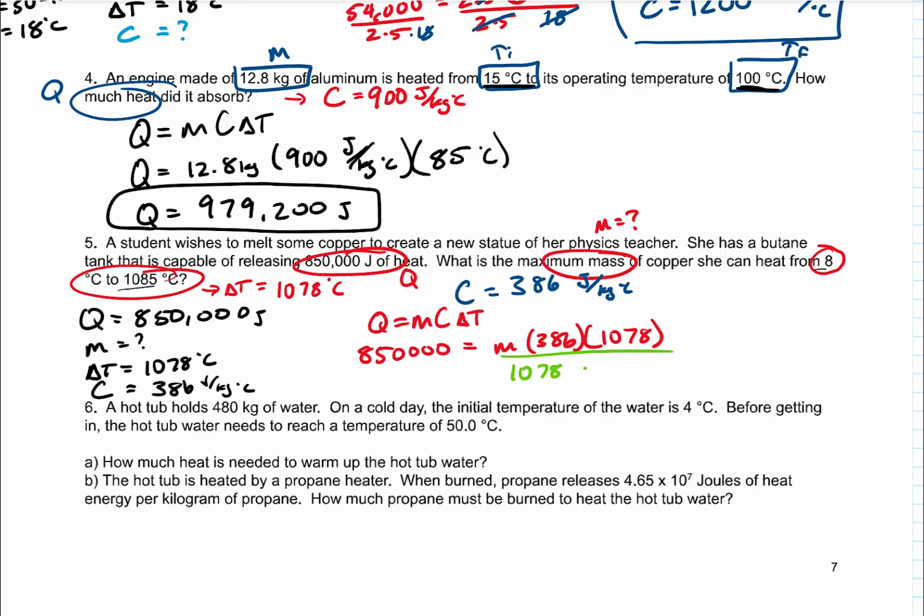We're going to divide both sides by 386, which means over here we divide by 1078, and we divide by 386. Put that all into our calculator again, and we'll see that to be 2.04 kilograms of copper. It's going to be a lovely statue.